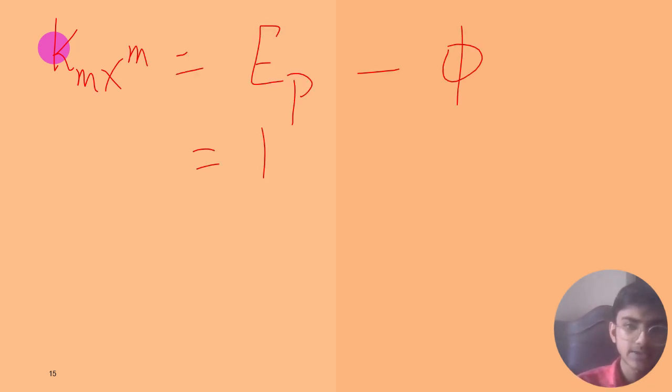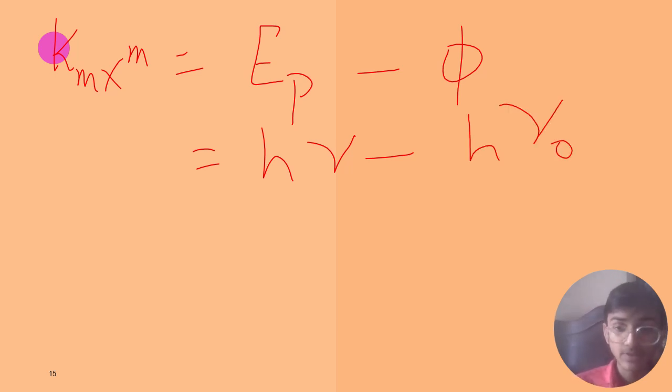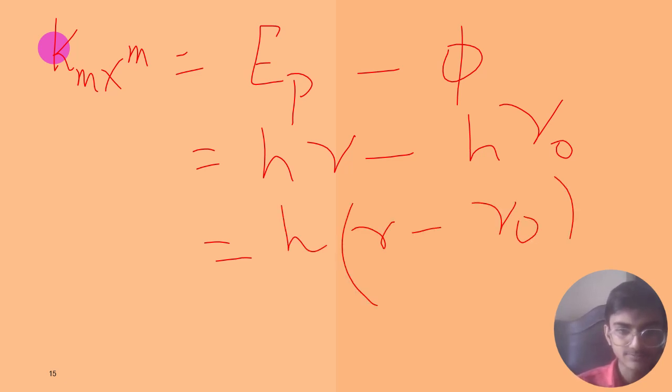We can write E_p as h nu, and here we take only the threshold frequency, because you are taking the frequency of the incident light. We cannot take wavelength here. So it will be h into (nu minus nu naught). Fine, this can be the interpretation of it.